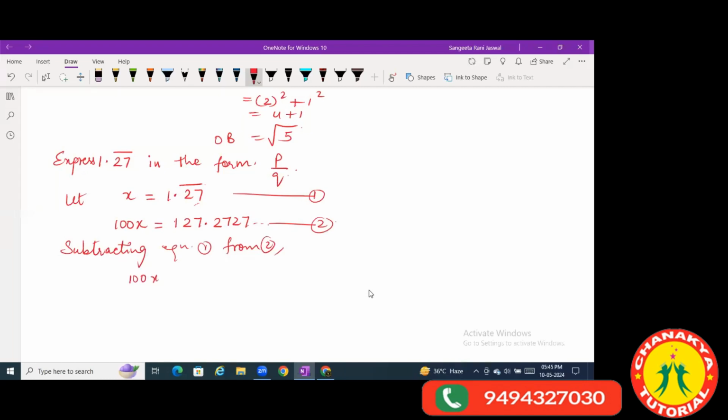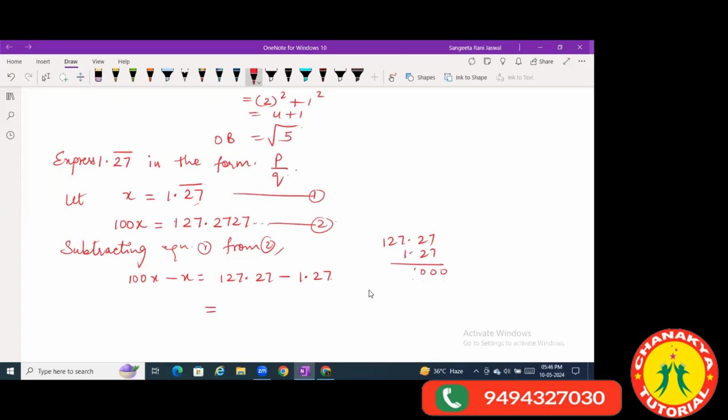100x minus x gives me 127.27 minus 1.27. Now after the decimal place, the number will be 0 here. If you see 127.27 and 1.27, whatever you have after the decimal all becomes 0.